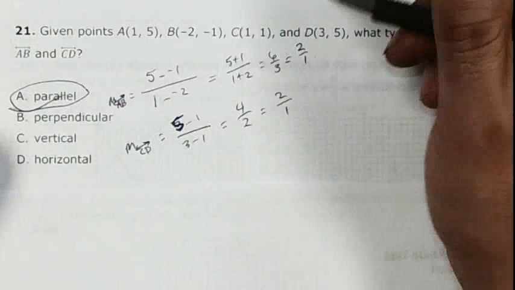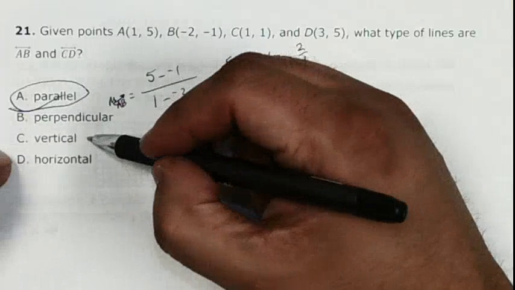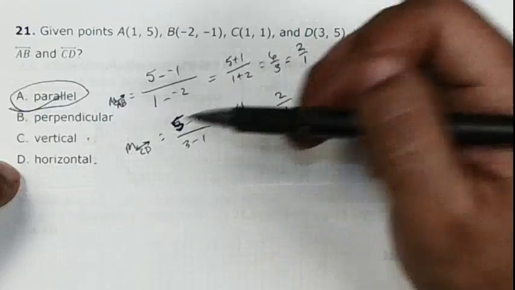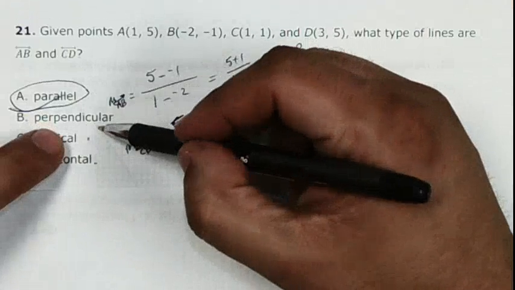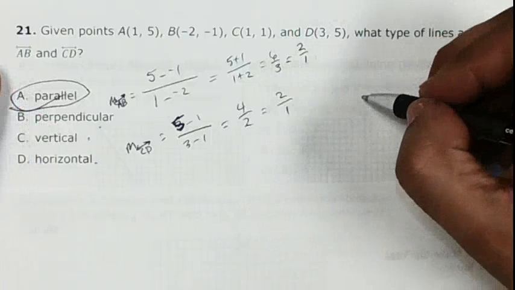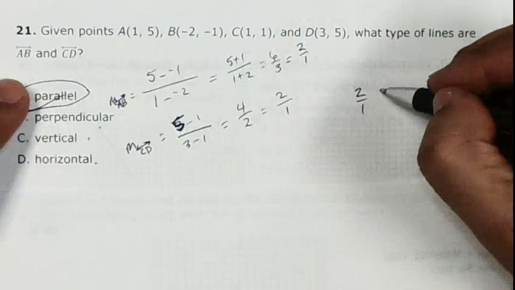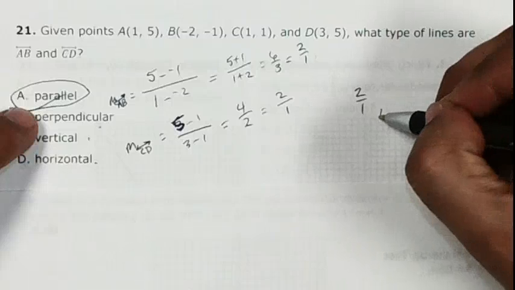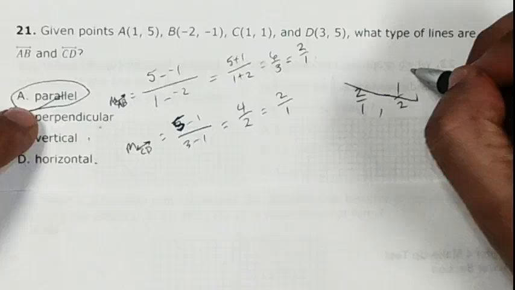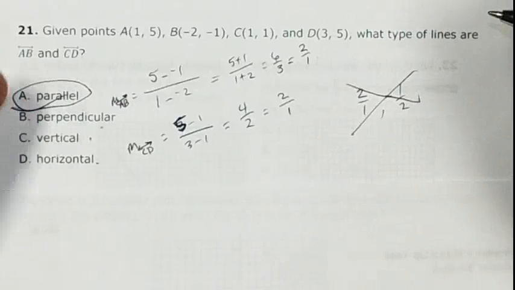And I know they're not vertical because the slopes are not undefined. I know it's not horizontal because the slopes are not 0. In order for them to be perpendicular, the slopes have to be opposite reciprocals. So if I had 2 over 1 on the first one, the other slope would have to come out to negative 1 over 2. Since that did not happen, I know the only answer is A.